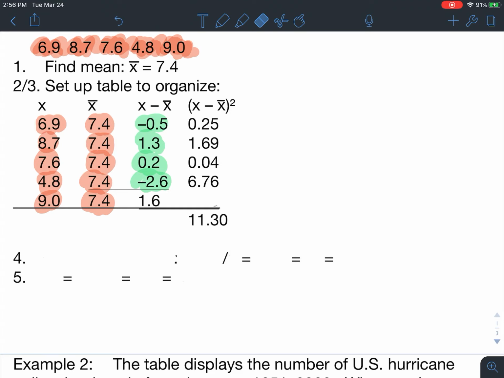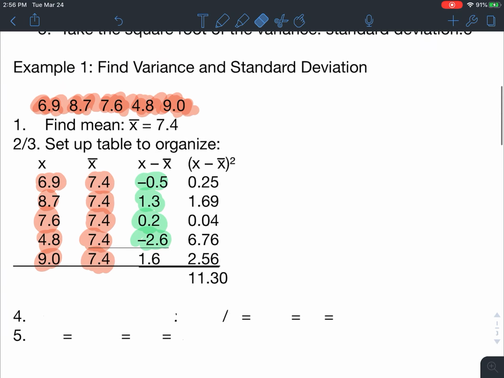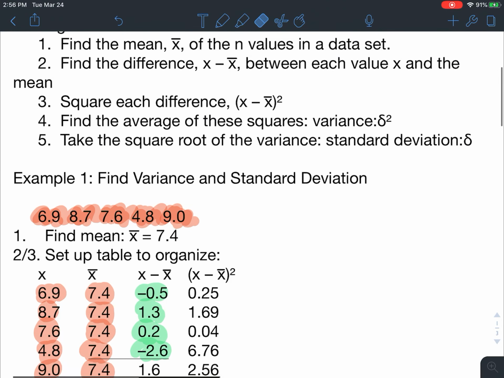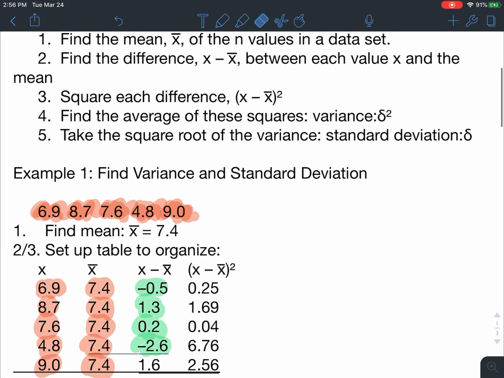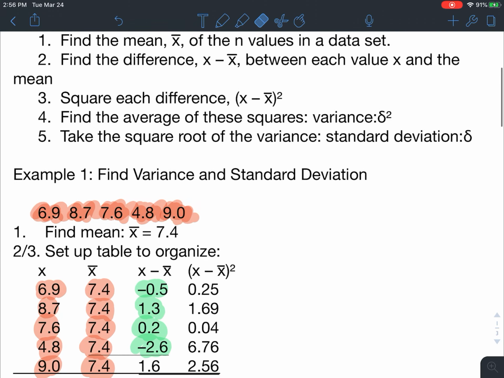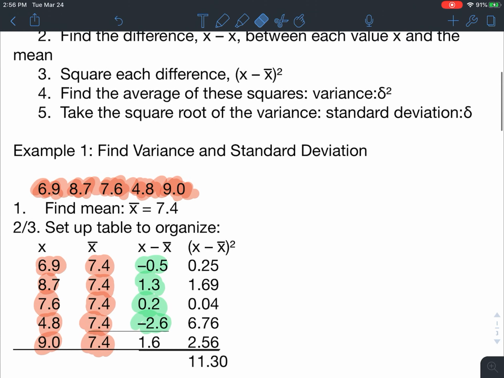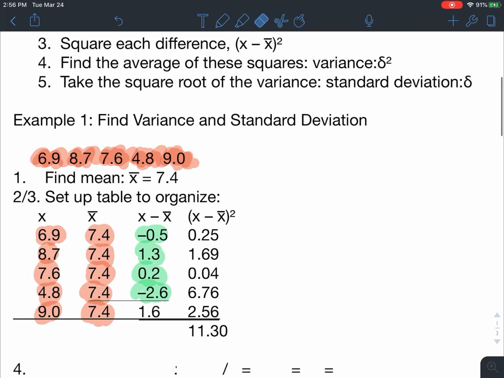And 2.6 squared is 6.76. And 1.6 squared is 2.56. So that takes care of step 2, find the difference, and step 3, square each of the differences.